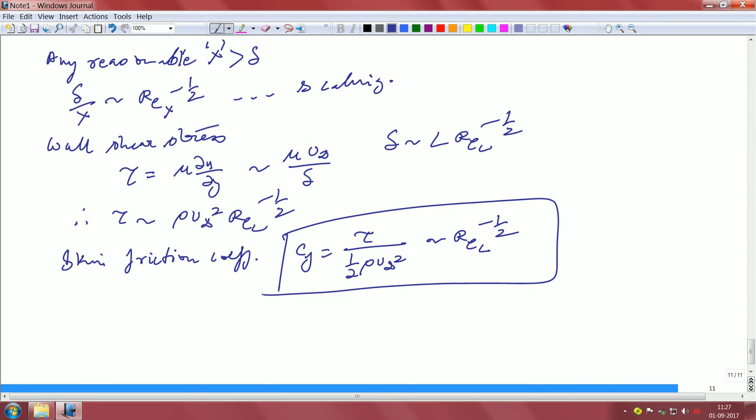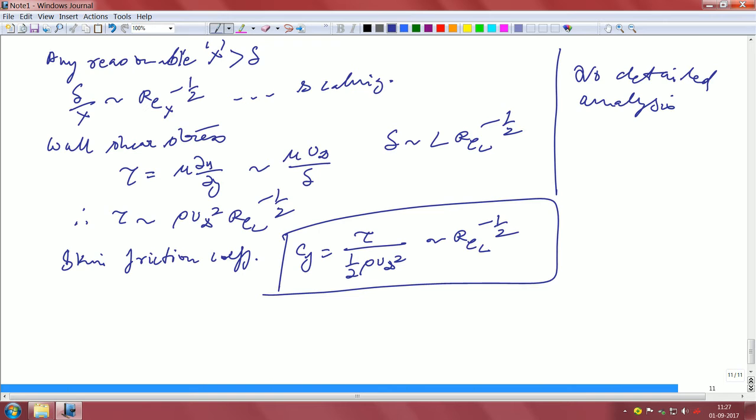Got it? All these things happened without any detailed analysis. There was no real math that we solved. Yet we found the functional variation of Cf, or of tau.